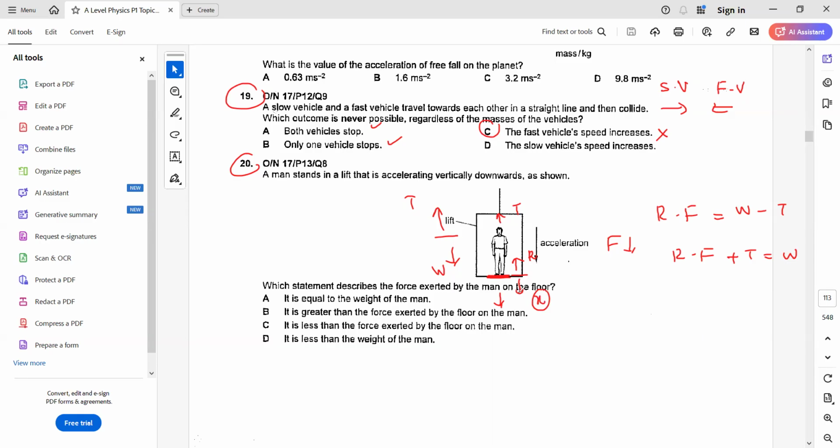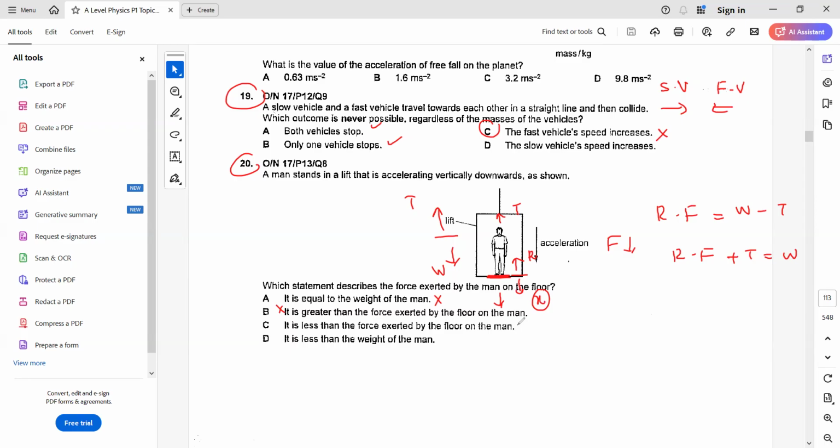Since it goes upwards, is it equal to the weight of the man? That's what we have discussed. Weight is equal to tension, not the upward force. It is greater than the force exerted by the floor on the man. If that's the case, this man should be coming down the floor of the elevator, right? Well, that's not happening. It is less than the force exerted by the floor on the man.